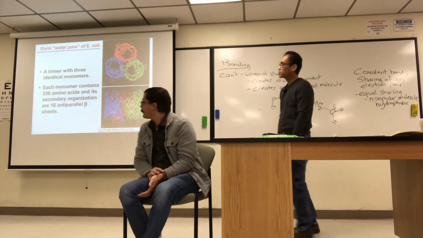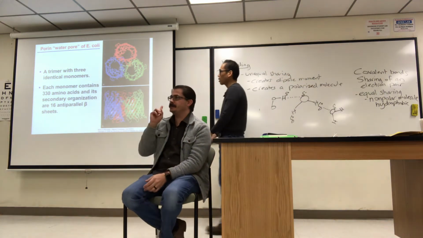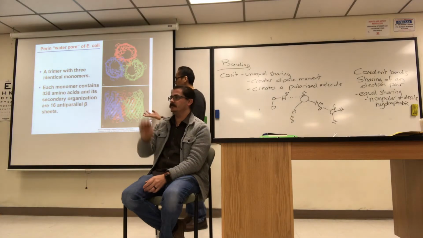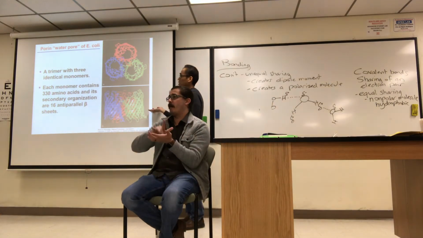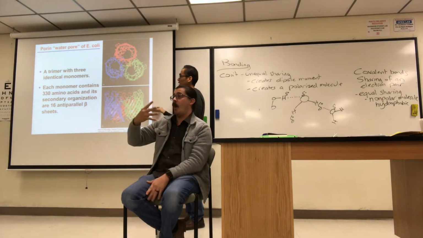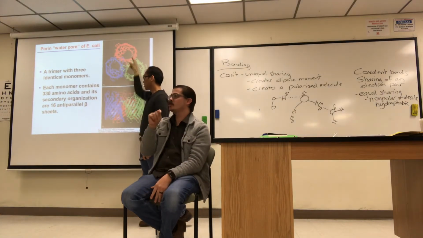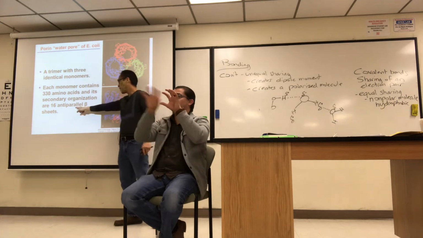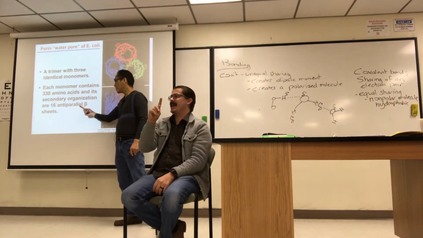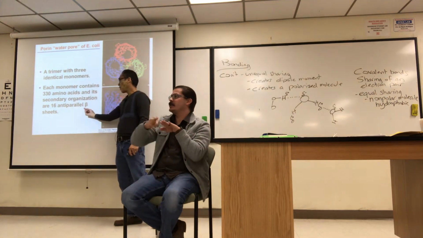Okay, so here's a picture of a water pore, I guess from a med school book. It's quaternary structure. It's a trimer, okay? And each of these is anti-parallel. I don't have to worry about that. It's the beta sheets, right?